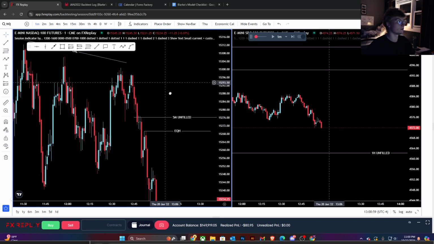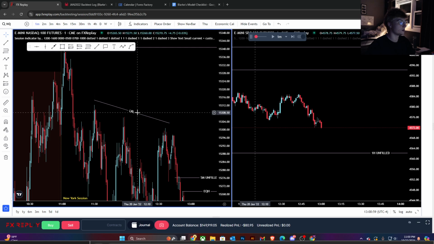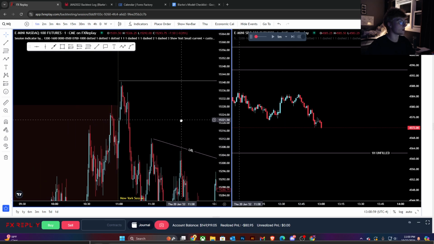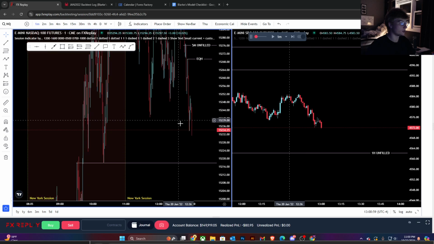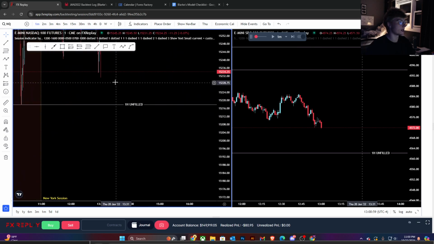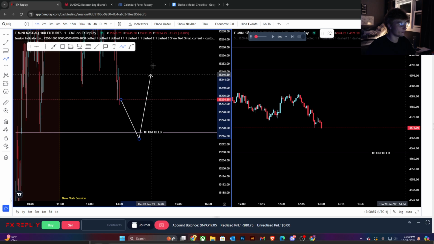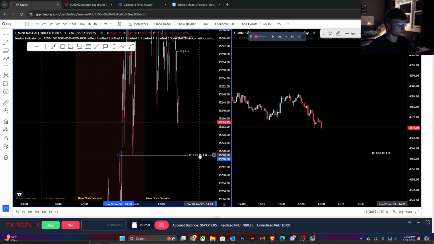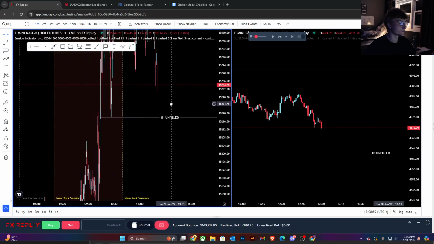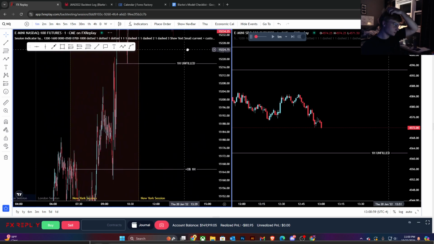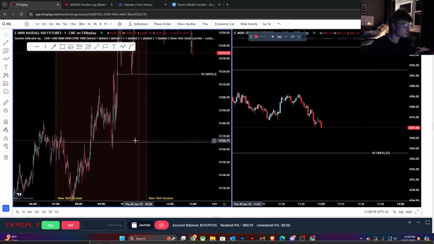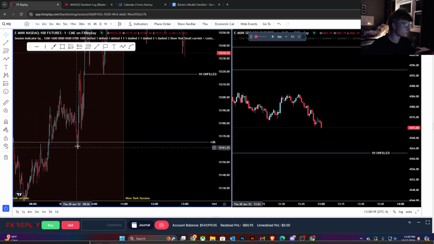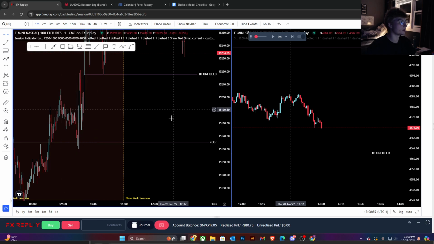Ideally, I want some longs here. Low resistance liquidity here, this trend line liquidity. And if we could tap lower into this hourly, I do like longs a lot. Breaker respected bullish.